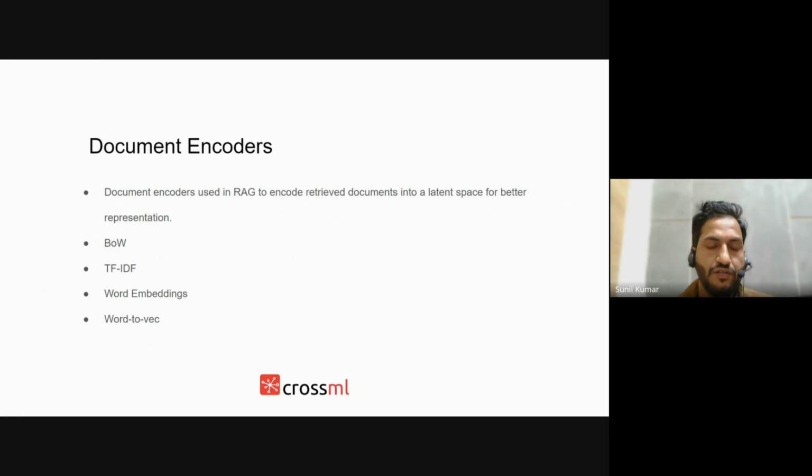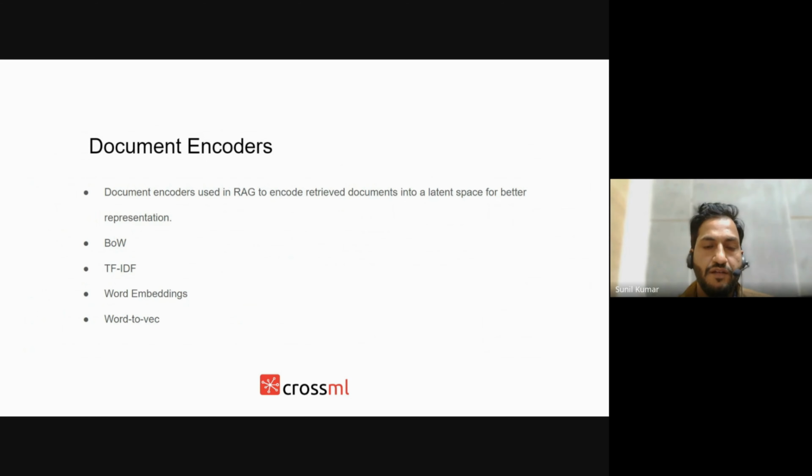Basically, encoders play an important role in our generative AI systems. When we train our model or ask any question to our LLM, the encoder simply converts our text into a numerical representation.